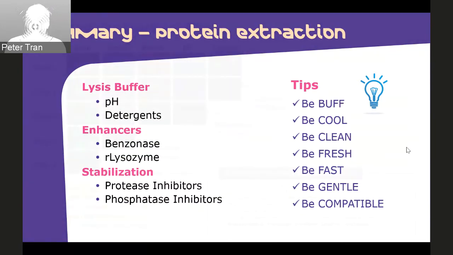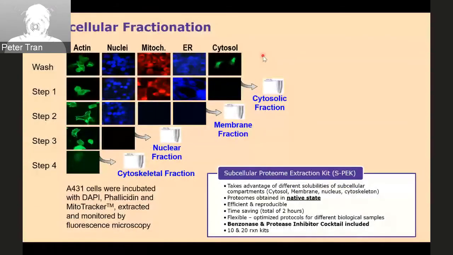Okay, so some people also do subcellular fractionation as lysis or protein extraction, right? So they normally use a kit. For example, here I show you the subcellular proteome extraction kit called SPEC.